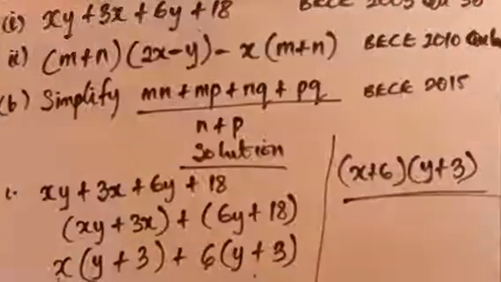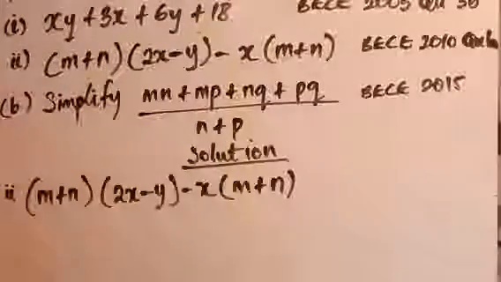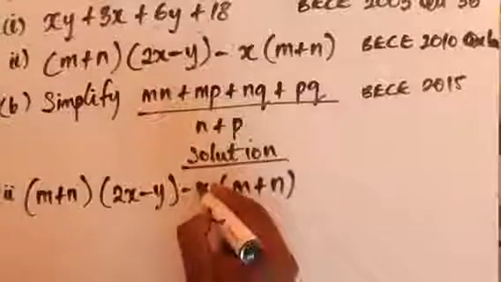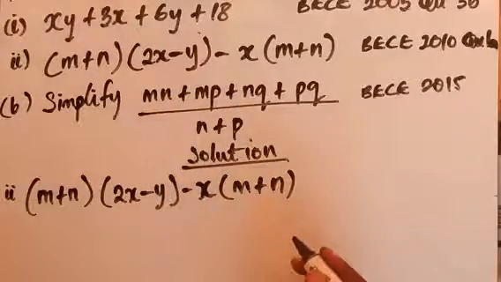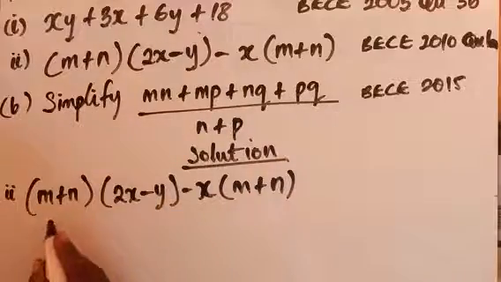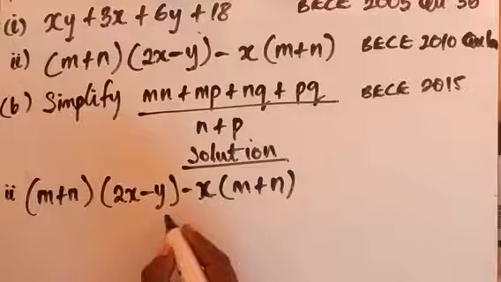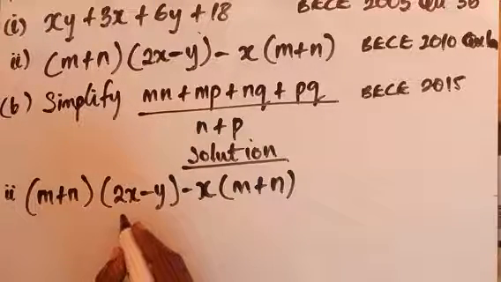Very simple. Let us look at question 2. So let's see. In this question, we are more fortunate, it has been factorized for us, and we are just asked to follow it. I can see that m plus n is common, so I pick m plus n out.